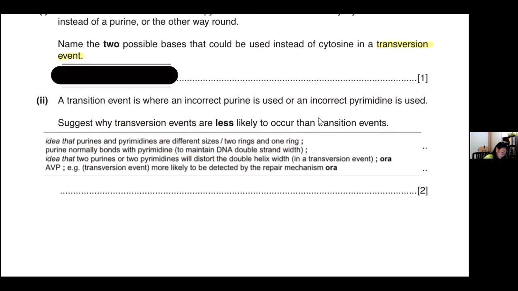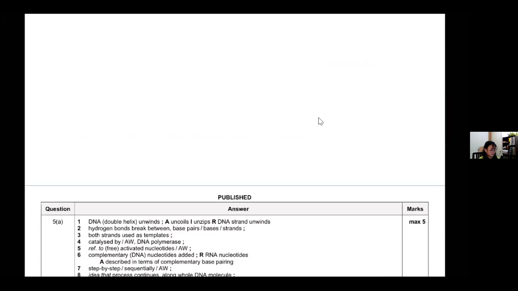You can also explain it as purine normally bonds with pyrimidine to maintain the DNA double strand width. If two purines or two pyrimidines bond together, it will distort the double helix width. So that's the answer.